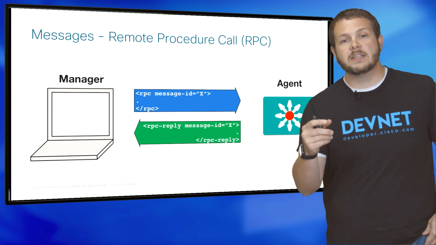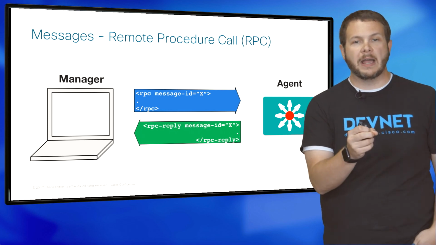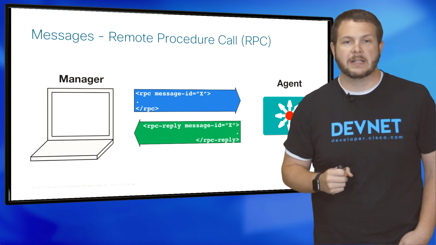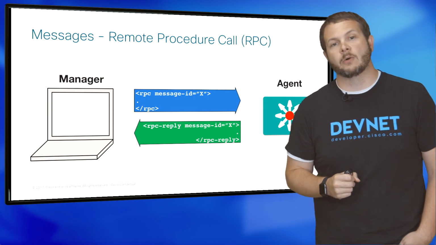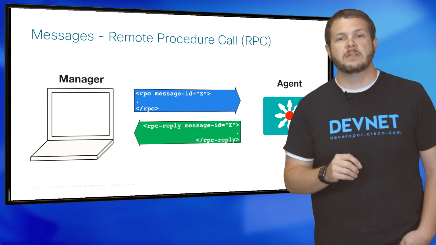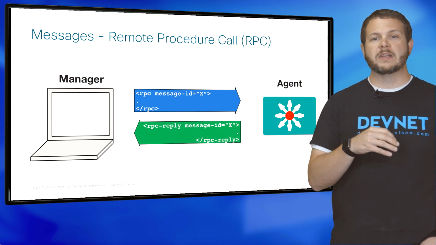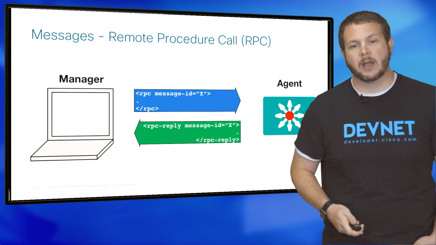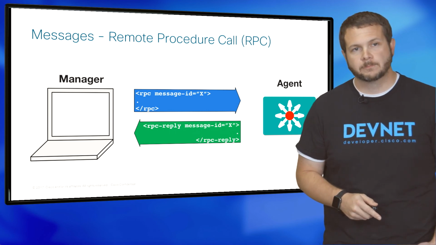Once that device does it, it will send us back an RPC reply with the exact same message ID to link our RPC to the reply, with our requested data or with a status about our operation that went through. So RPCs are nothing more than a way for us to request our network devices and infrastructure to do something and then match it back up with a reply that comes through.